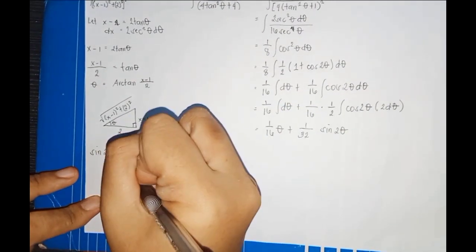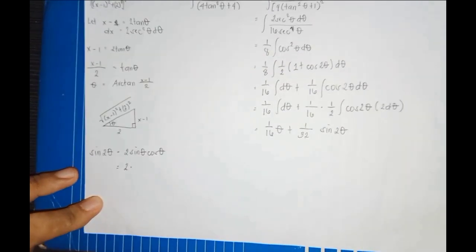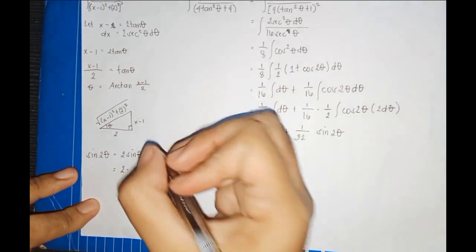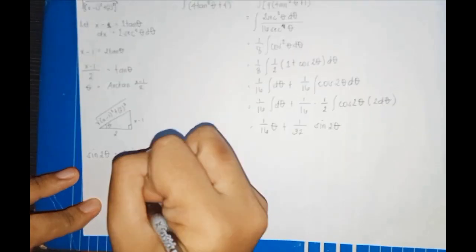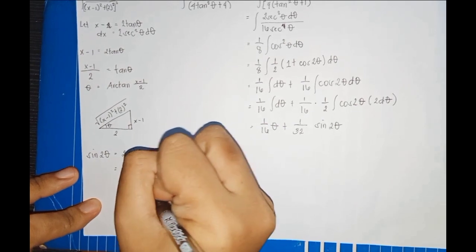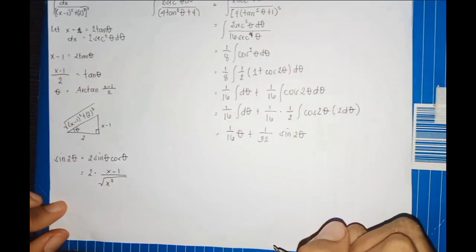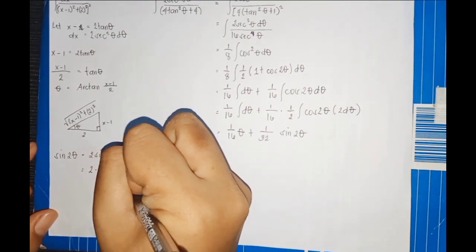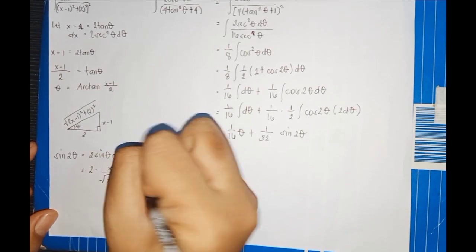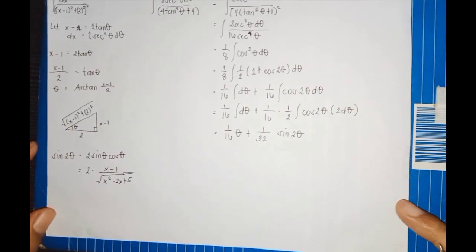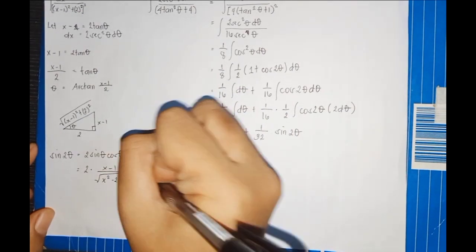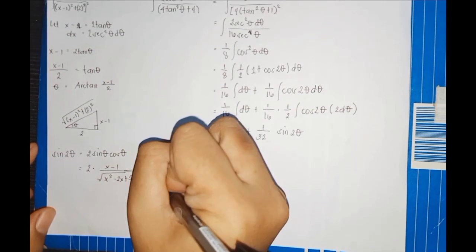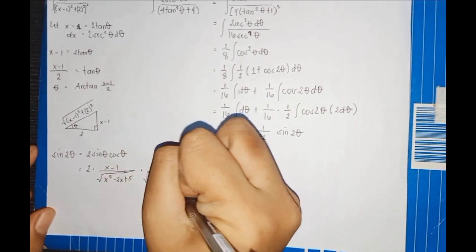So if we multiply 2 times our sin theta, which is x minus 1 all over the square root of x squared minus 2x plus 5, times cos theta, which is 2 all over the square root of x squared minus 2x plus 5.